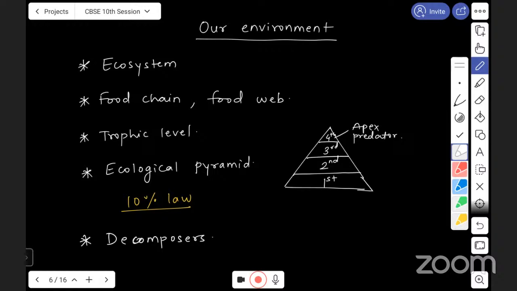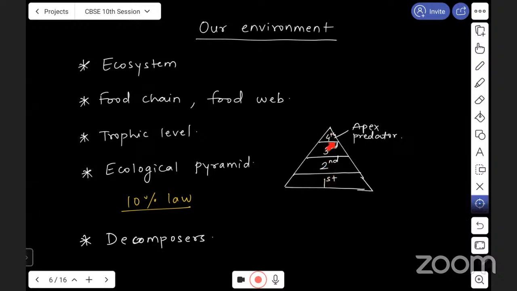Plants will not get the nutrients back in the soil. Yes or no, right? So plants will not grow properly, right, everyone? And the dead plants and animals will accumulate in the environment, right? This can also lead to spread of diseases, right? So decomposers are very important. And remember, decomposers do not have any place in the ecological pyramid.